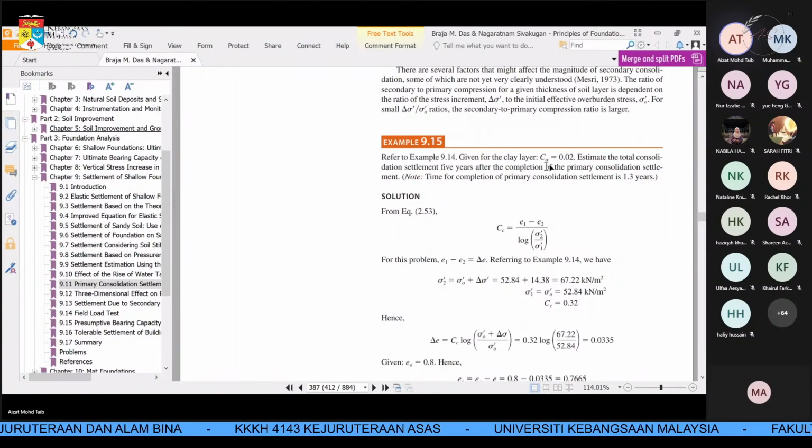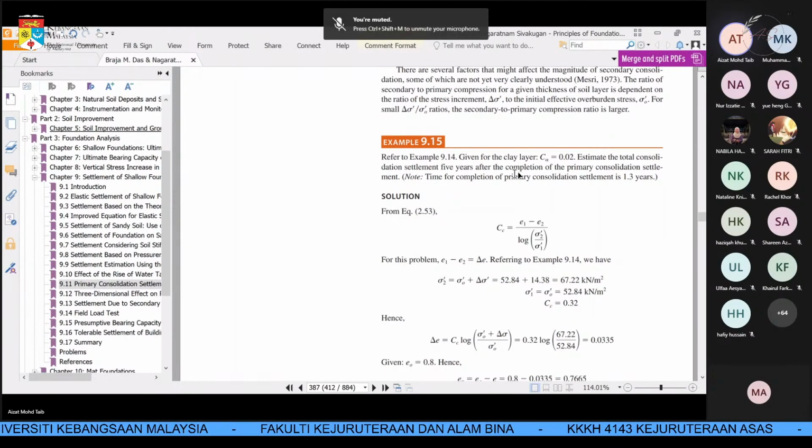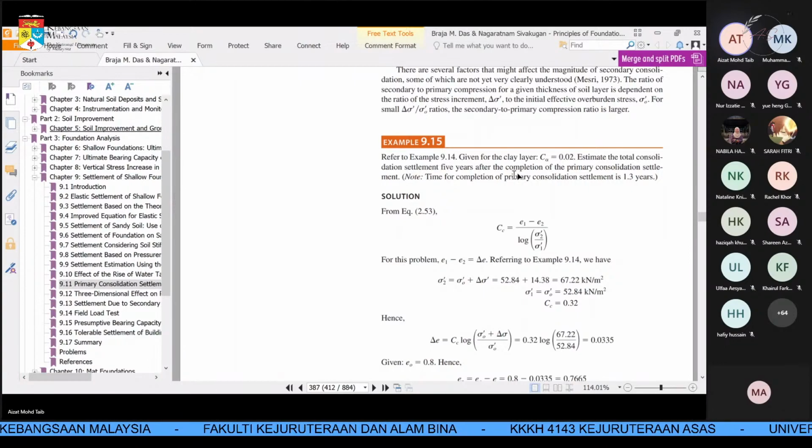The secondary consolidation is C alpha 0.02, but that is just secondary. What they want you to calculate is the whole primary and secondary. You have the primary settlement after 5 years, then calculate the secondary settlement, and add them together. Note the time for completion of primary settlement is 1.3.